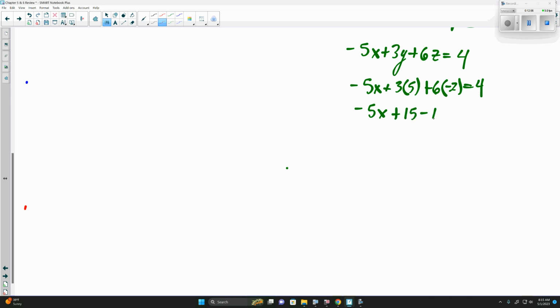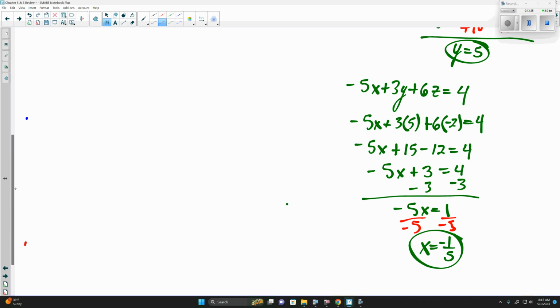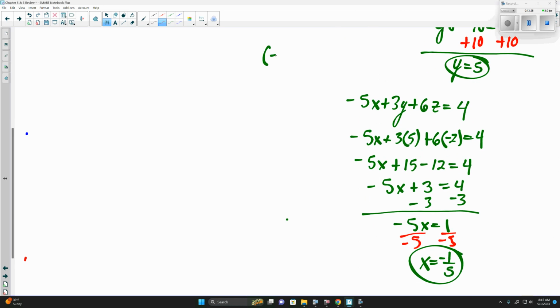Really, at this point, we're just solving it out. 3 times 5 is 15. 6 times -2 is -12. 15 minus 12 is 3. Divide both sides by -5. And x is -1/5. So our solution for this here is -1/5, comma 5, comma -2. And that's it.